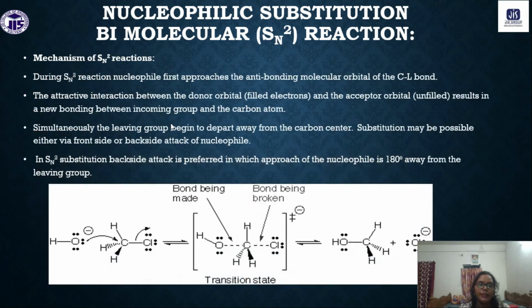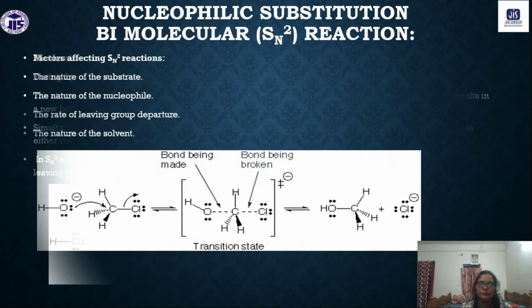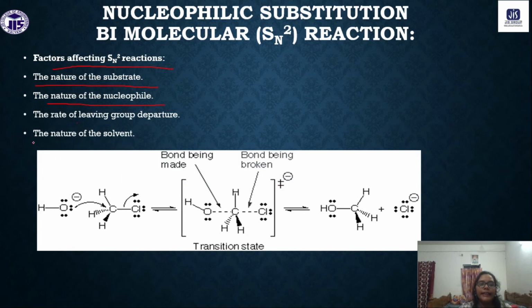Okay. The nature of the solvent: here we don't have a carbocation, so it doesn't depend on the polar solvent. So these are some of the factors affecting the SN2 reaction.